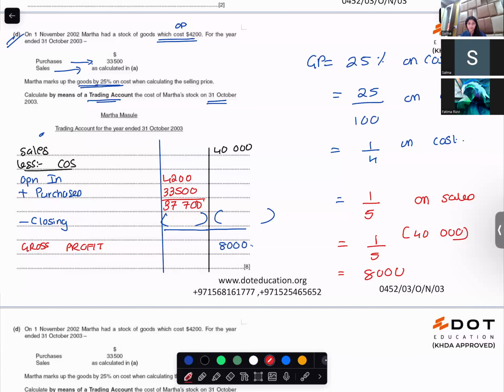So what will be your cost of sales? Go reverse. 40,000 minus 8,000. 32,000, right? Yeah.